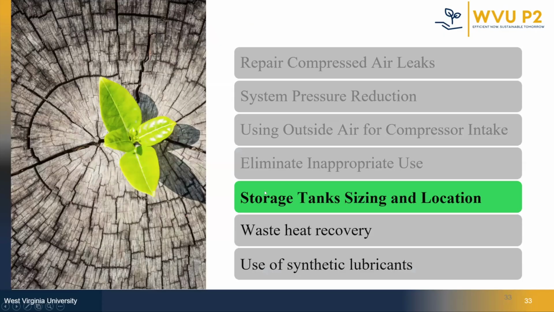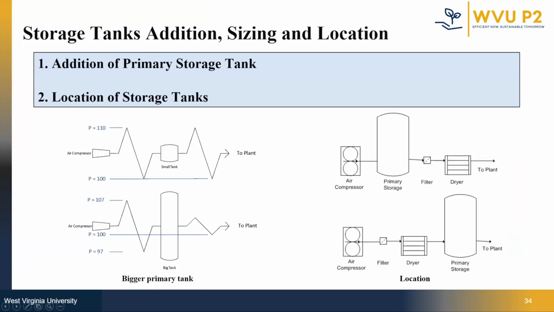The other opportunity is designing the storage tank, sizing it, and choosing its location. So the storage tank plays a big role in system efficiency. If the tank is too small, pressure swings and the compressor will cycle on and off more often, wasting energy.